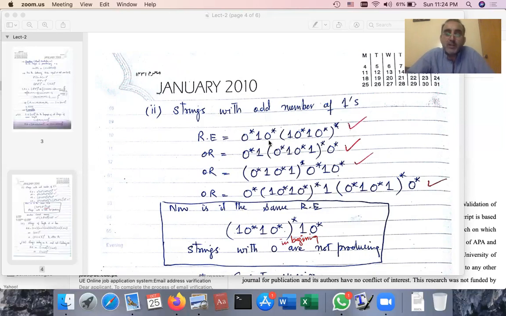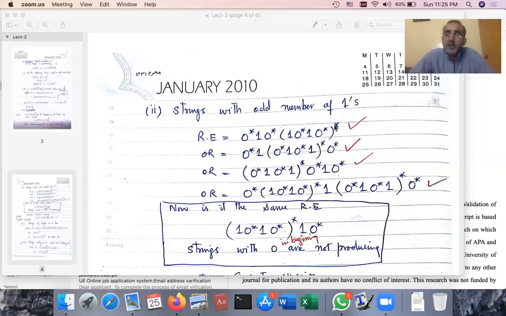This part gives us all possible combinations of zeros, but only a single one, which means the number of ones in this part is odd. Multiple zeros can come in front of this one, multiple zeros can come after this single one, and then it is concatenated with (1 0 star 1 0 star) whole star.